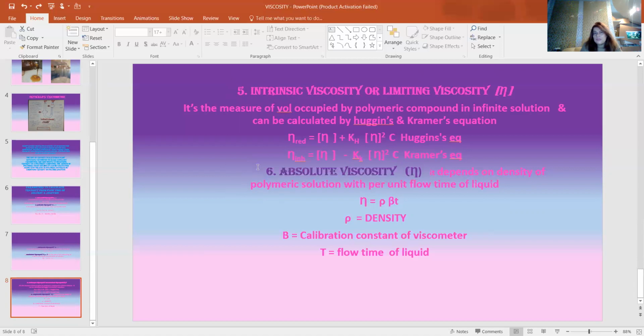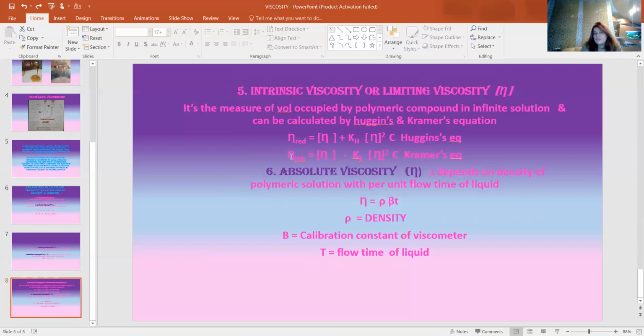Now, as I just mentioned before, you are going to plot a graph between eta reduced and concentration, and eta inherent and concentration. This is the same thing here, they are explaining that these are the two equations. And via these two equations, you'll be able to calculate different parameters. For example, eta reduced equals eta plus Kh, that is Huggins constant, eta square C, that is concentration.